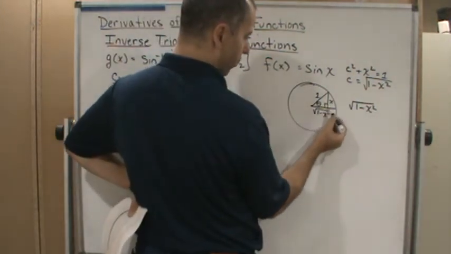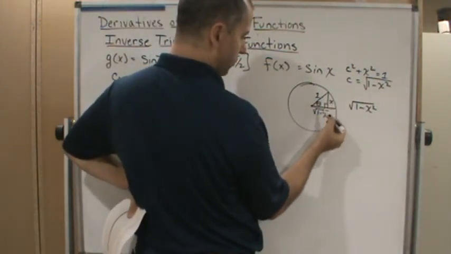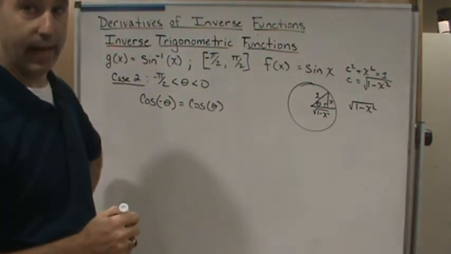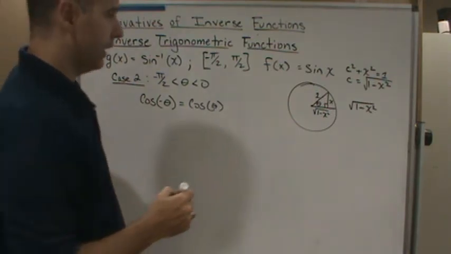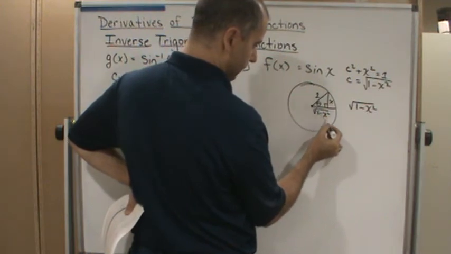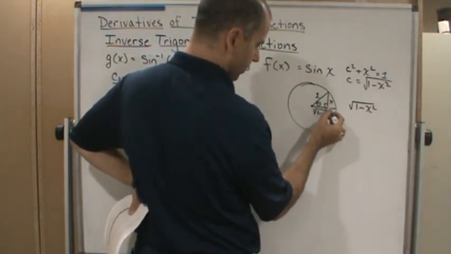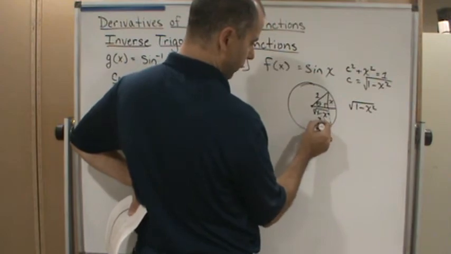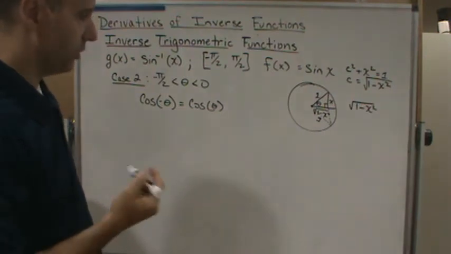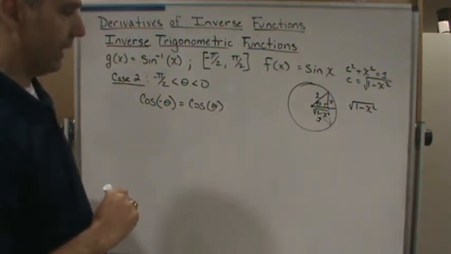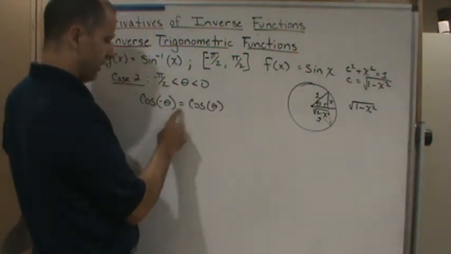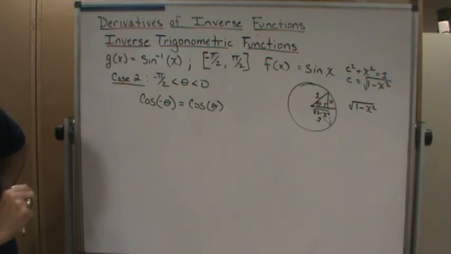If you flip this triangle down, the hypotenuse is still 1, and cosine shares the same adjacent side, so it's the same. So cosine of negative theta is always equal to cosine theta.